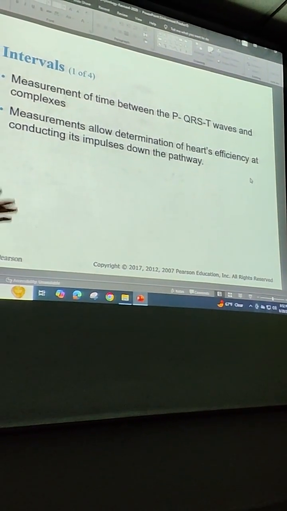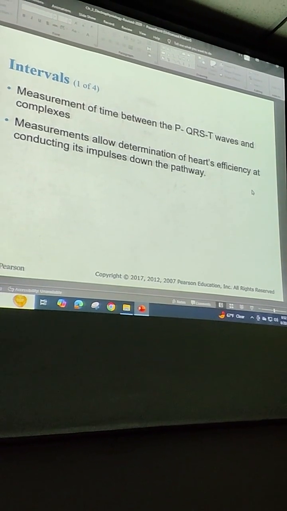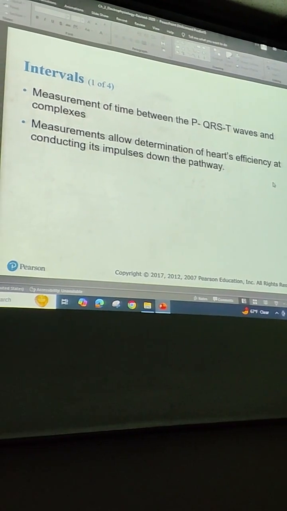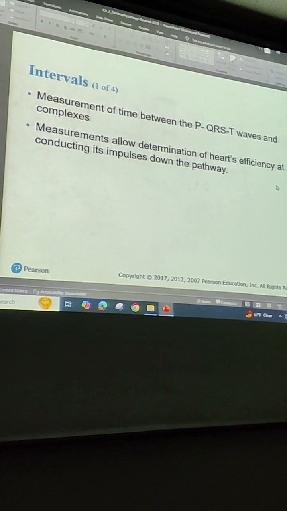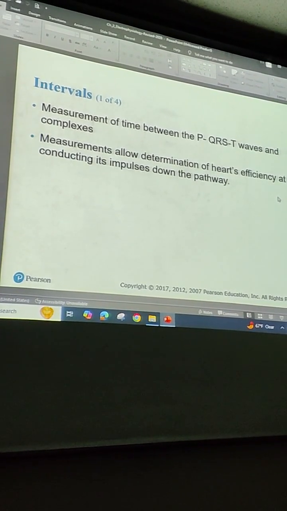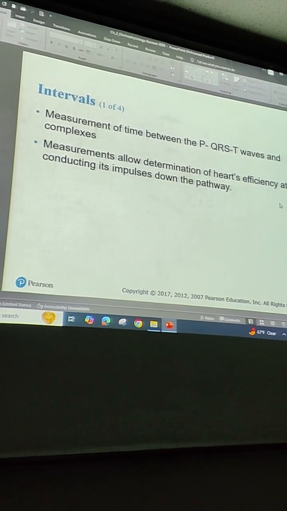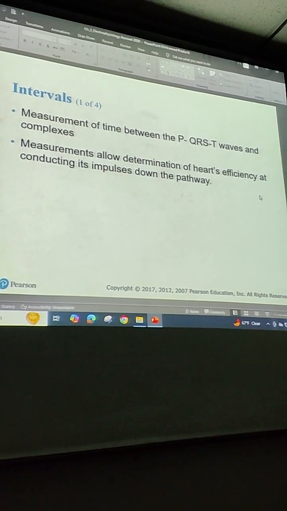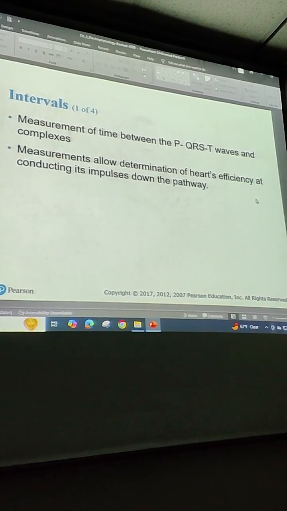So when you measure the distance or the time between the beginning of the P and the beginning of the QRS, that will be the PR interval. So that's what we said, right? It's just that here they give a more simple definition. But you shouldn't be too worried about intervals, okay?